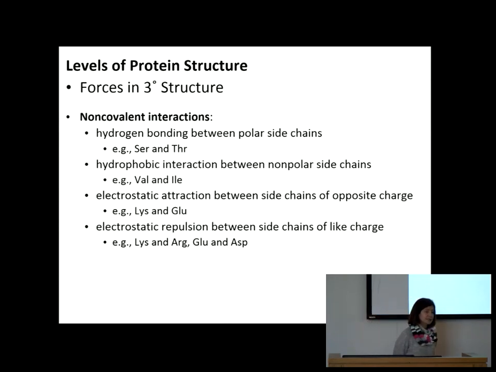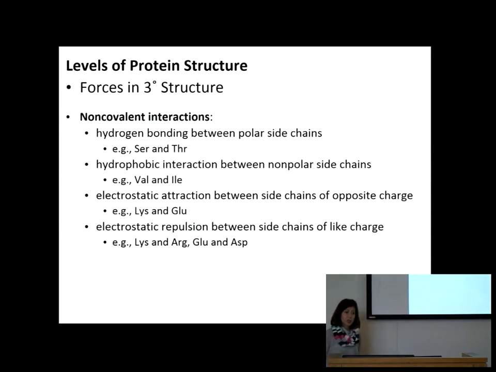Acidic side chains have a low pKa. So when we're at neutral pH, we're going to be above the pKa, and the proton will be off.